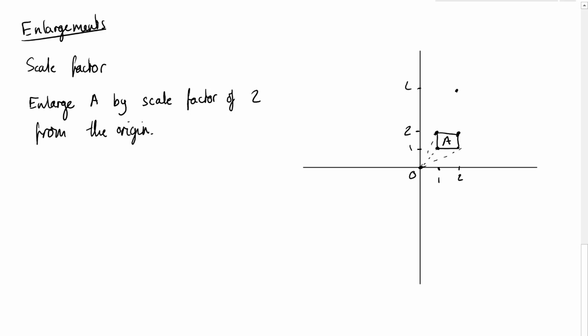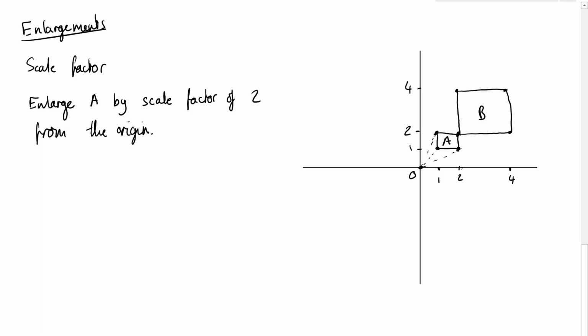So let's make this 4 to get to that point. Then if we're going 2 across and 1 up to get to here, it's going to be 4 across. So let's make this 4 and 2 up to get to there. And then finally, if it's 2 across and 2 up, it's going to become 4 across and 4 up. And so we've enlarged this shape by a scale factor of 2 from the origin.